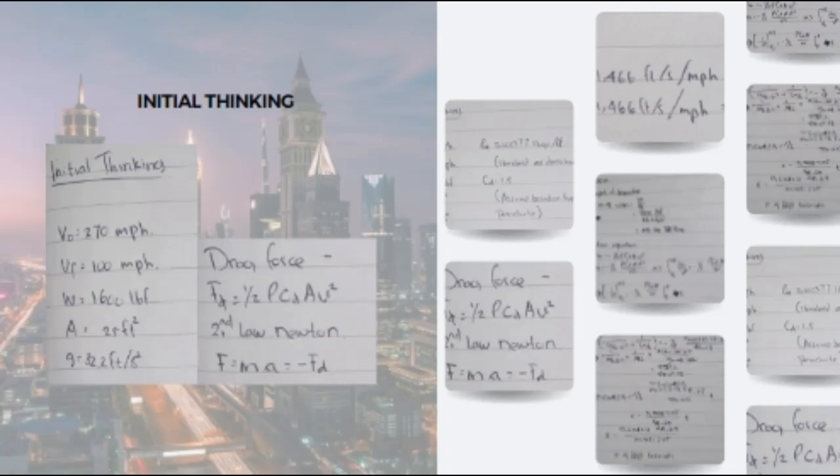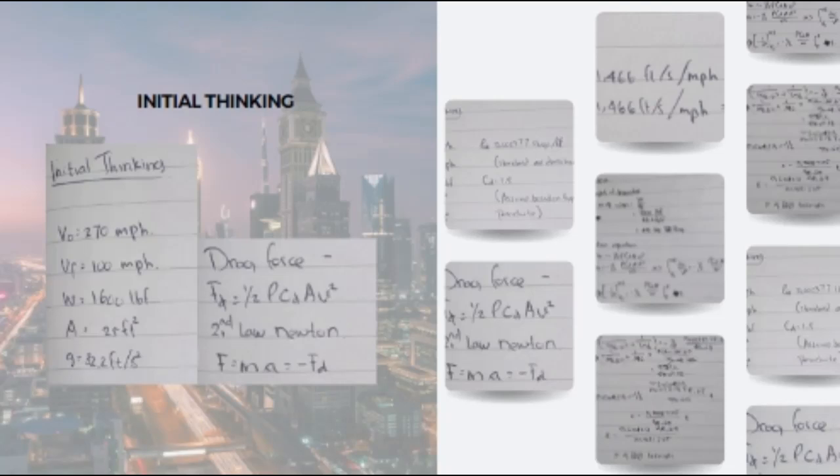So at this problem we use Drag's equation, which is Fd equal to 1/2 times rho times Cd times A times V squared, and we also use the second law of Newton, which is F equal to m times a equal to minus Fd.